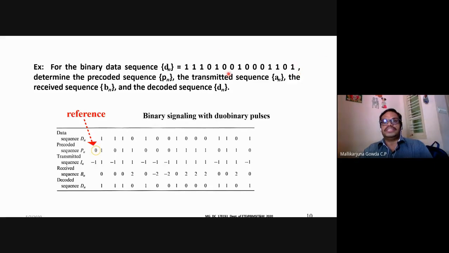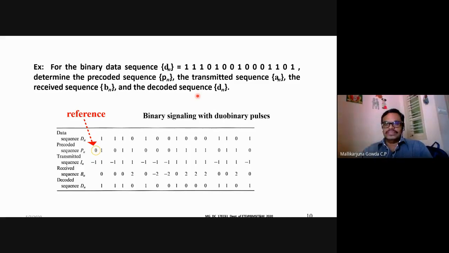I repeat once again: 1 1 1 0 1 0 0 1 0 0 0 1 1 0 1. Okay, this is my input data sequence, and this is binary. So we need to determine the pre-coded sequence, that is denoted as Pn, then the transmitted sequence denoted as An, then the received sequence Bn, and the decoded sequence Dn.